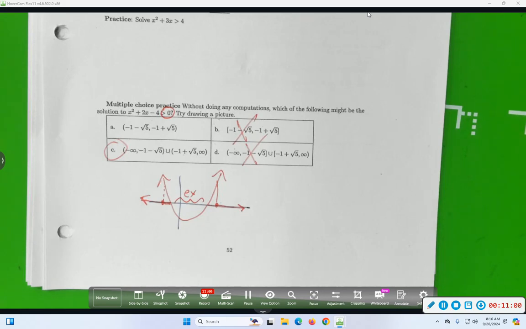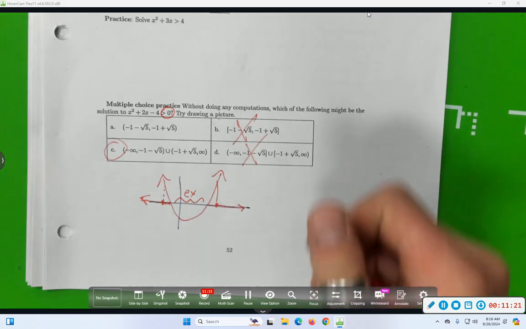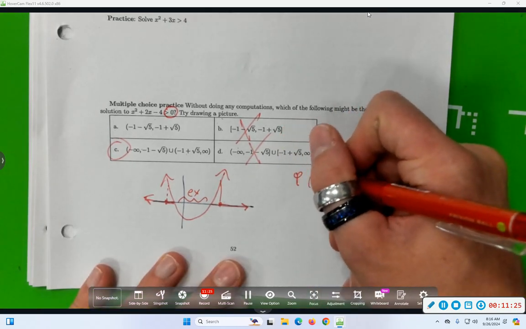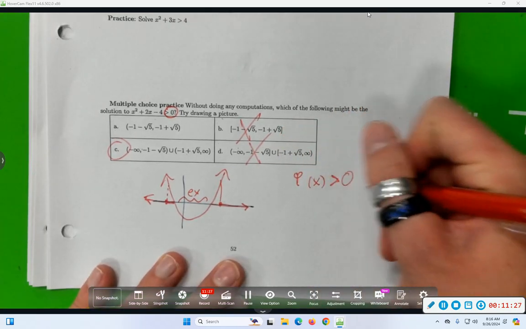What we just did, just drawing the graph, would that be considered good enough work if this was a quiz? Oh, cool. So if you have a multiple choice problem on a quiz, if you have the right answer, I won't read the work at all. You'll get the points. But if you do all this work and you say, well, I'm kind of a novice, here's what you do. This thing looks like phi of x bigger than 0.